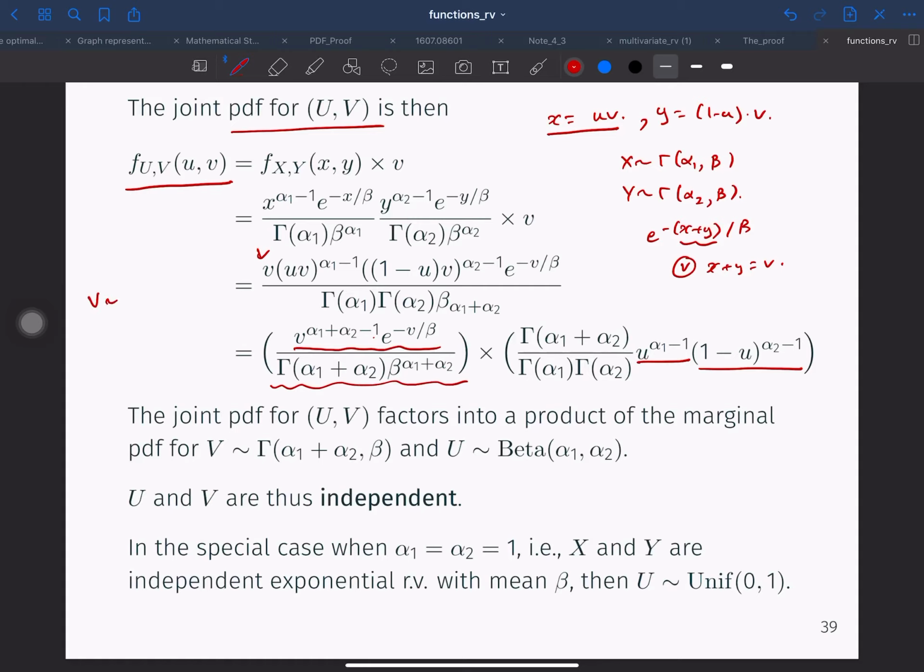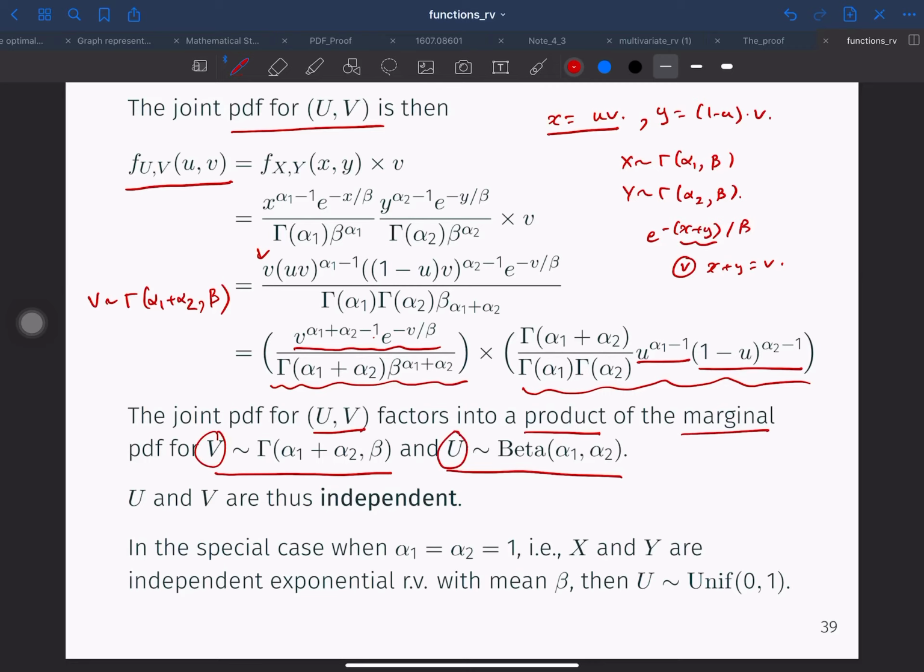The first part, V, has the PDF form for gamma(alpha 1 plus alpha 2, beta). And this part for U looks like the PDF for beta(alpha 1, alpha 2). So the joint PDF for (U, V) factors into a product of the marginal for V and the marginal for U, so U and V are independent.